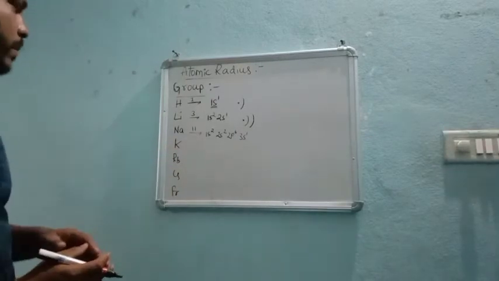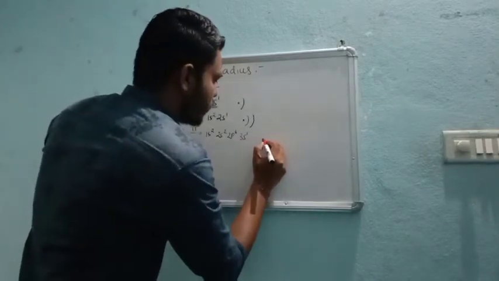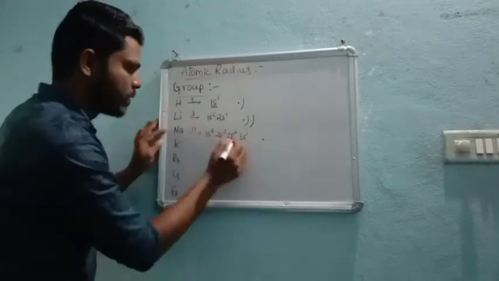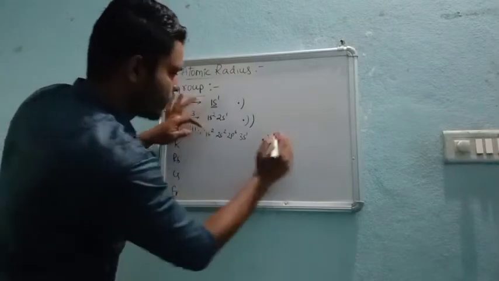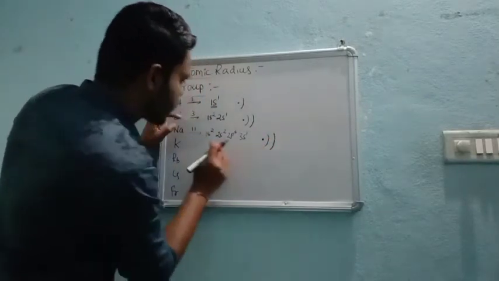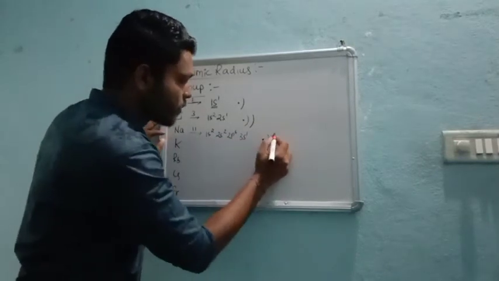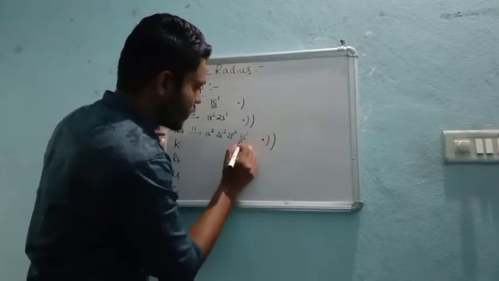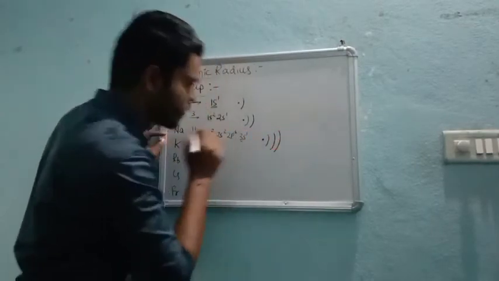In case of sodium we have moved till the third shell. So first shell, second shell. In the second shell we have 2s and 2p subshells. In the end the last electron has moved into the third shell, so I am again writing the third shell.